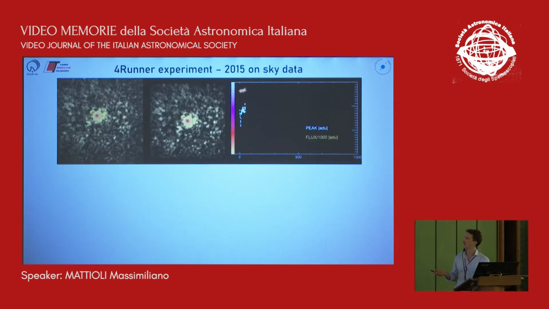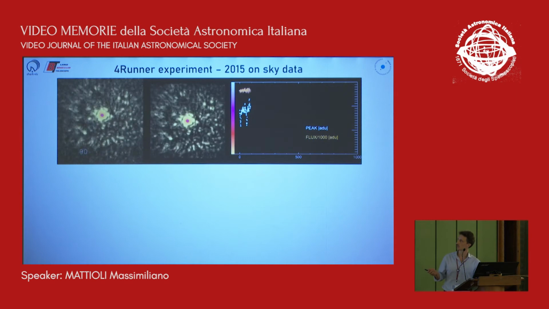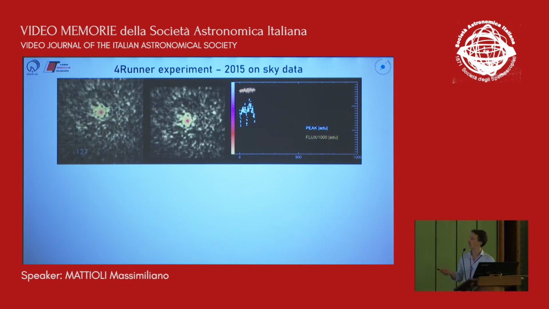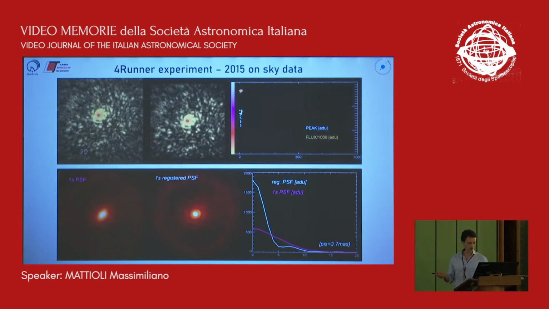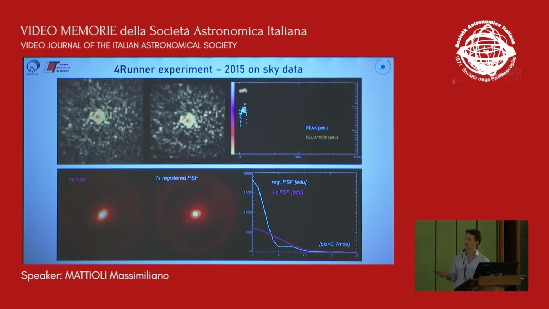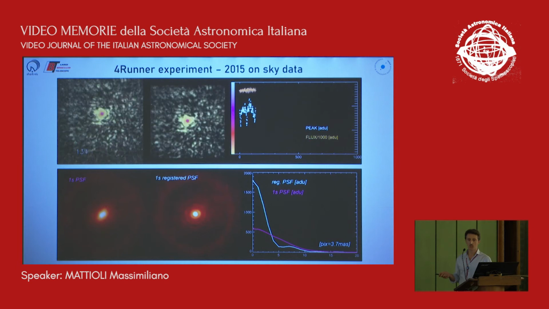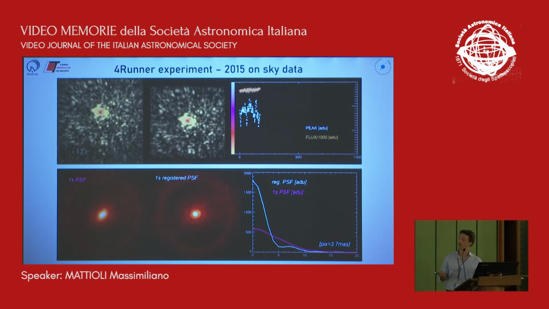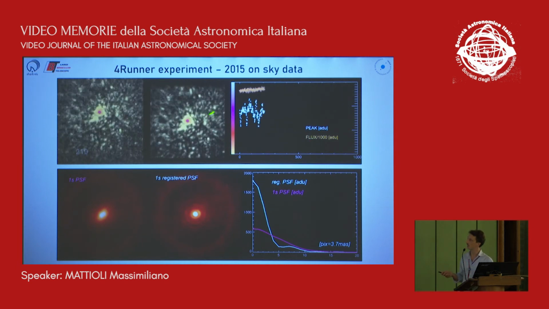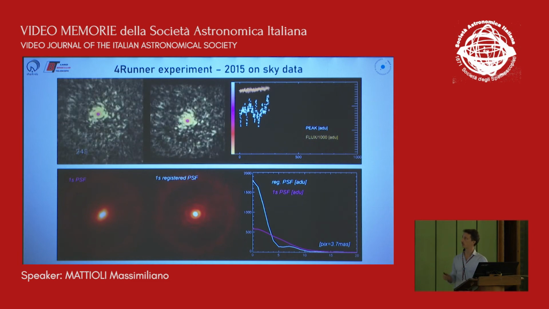Why do we need a beam stabilization system? Because the benefit from the recentering on the PSF is quite clear from this picture, and we acquired this data during the Forerunner experiment.